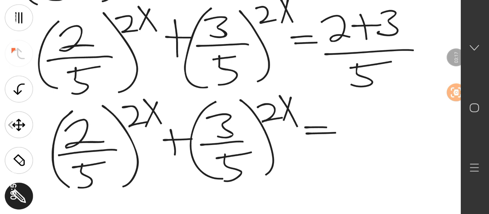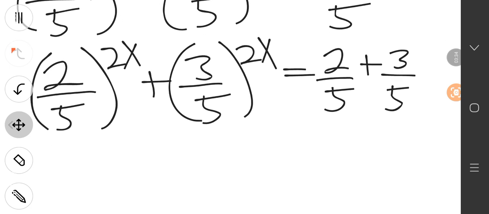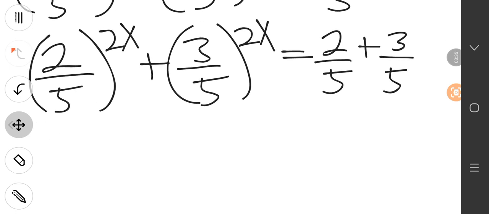All right, so let's expand this part of our equation. We can write this as 2 over 5 plus 3 over 5. So you can see we have two separate fractions. Now here we are going to compare.